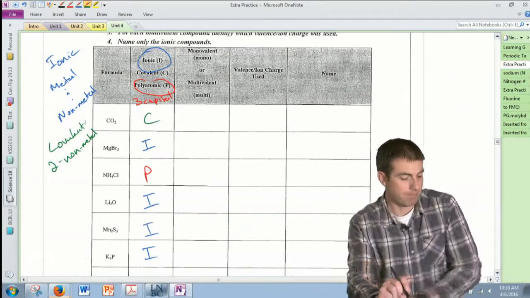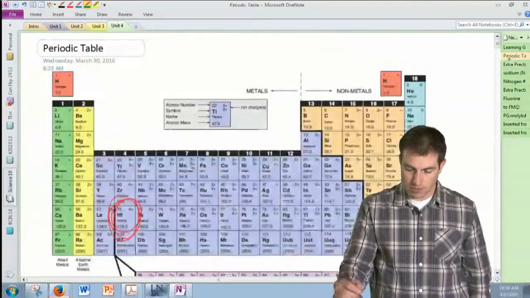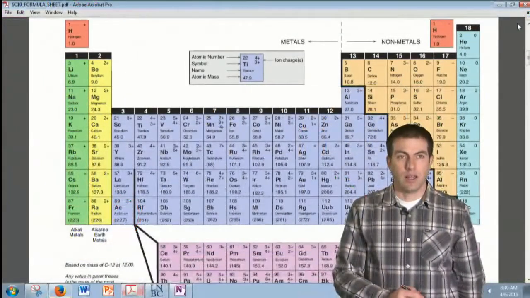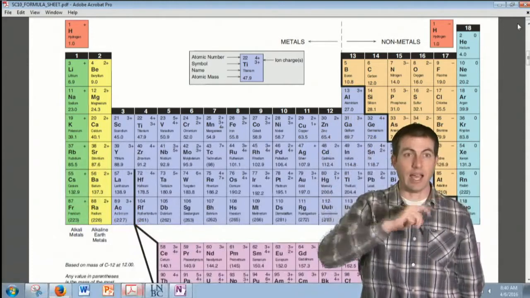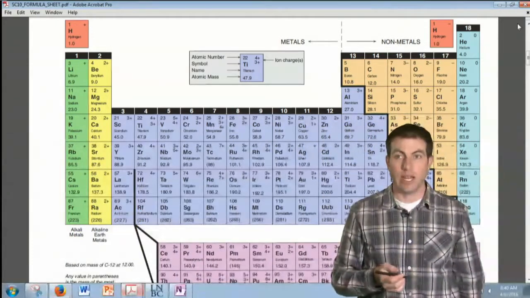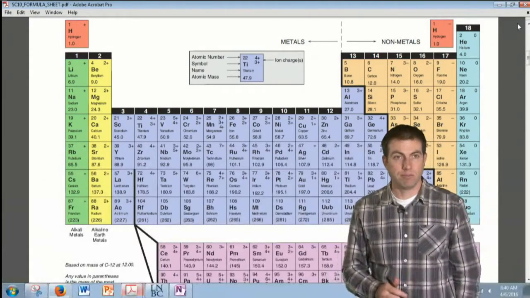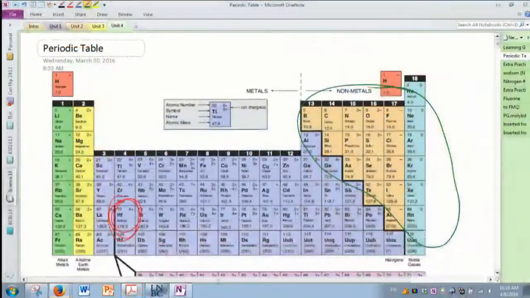If I look at the nonmetals on the periodic table, these are all my nonmetals over here. Do they have any that have more than one charge? No. All of the multiple charges are like in this middle part.